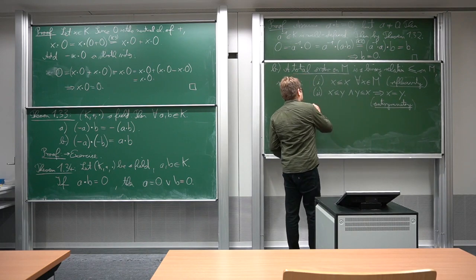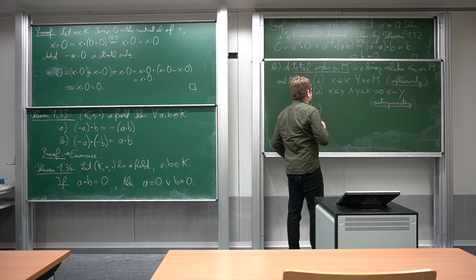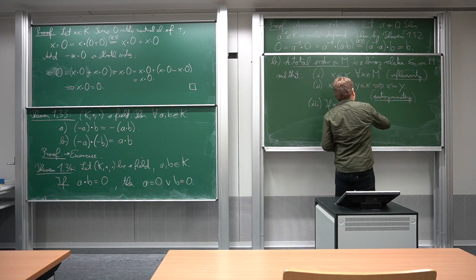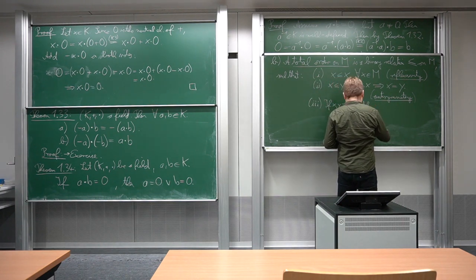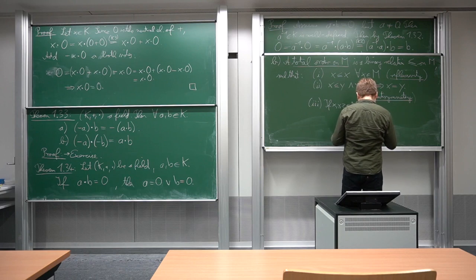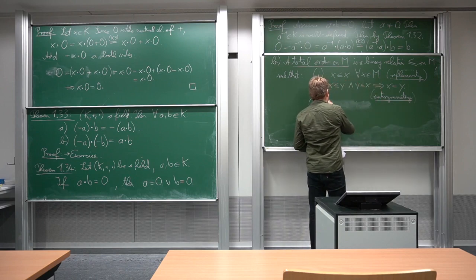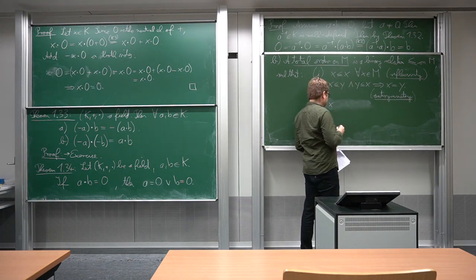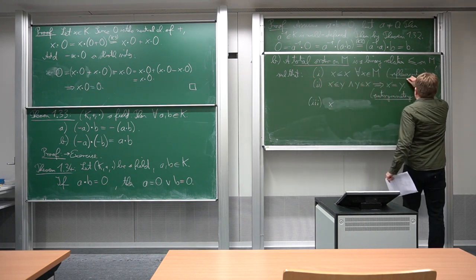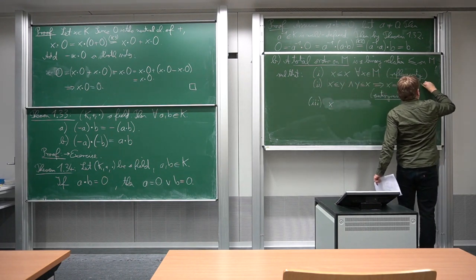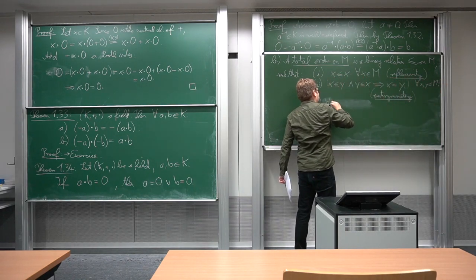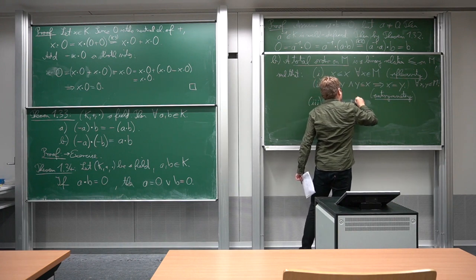Okay, third thing is another thing which is kind of obvious for the known relations. If we have three numbers, three elements of M, and here we want for all x, y, z in M, so we take three elements.